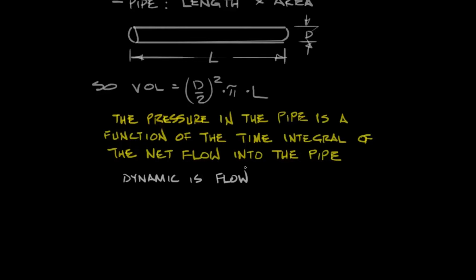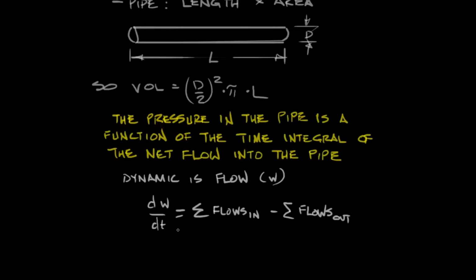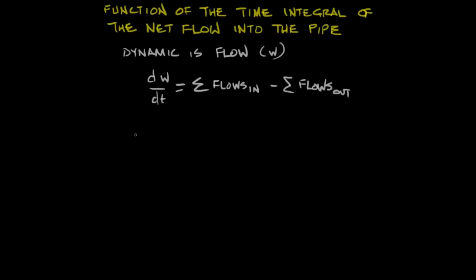So the volume shouldn't change, and we're going to assume that the temperature is constant. So the dynamic that we're looking at is effectively the time derivative of the pressure, which is influenced by the flows in minus the flows out. So if you've got more flow coming in than going out, the pressure is going to go up. If it's more going out than in, then the pressure will go down. Or if they're equal, the pressure should be constant.